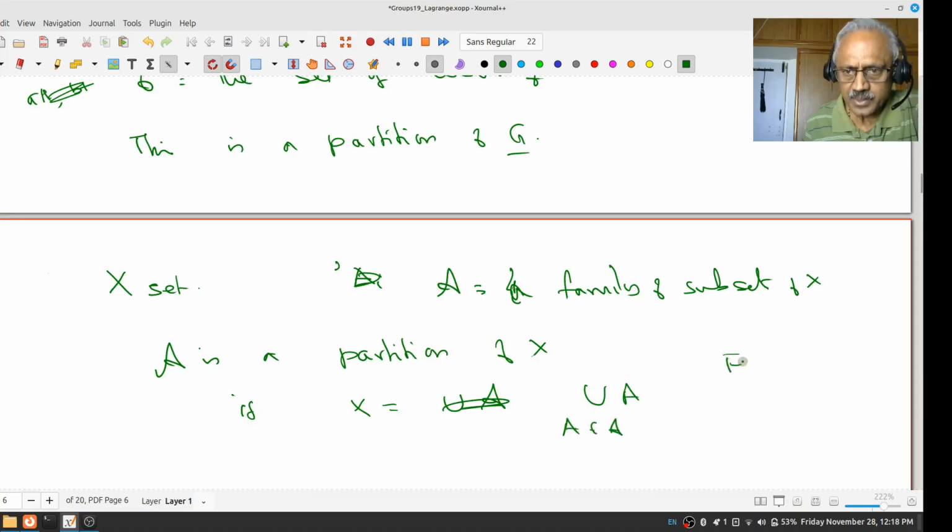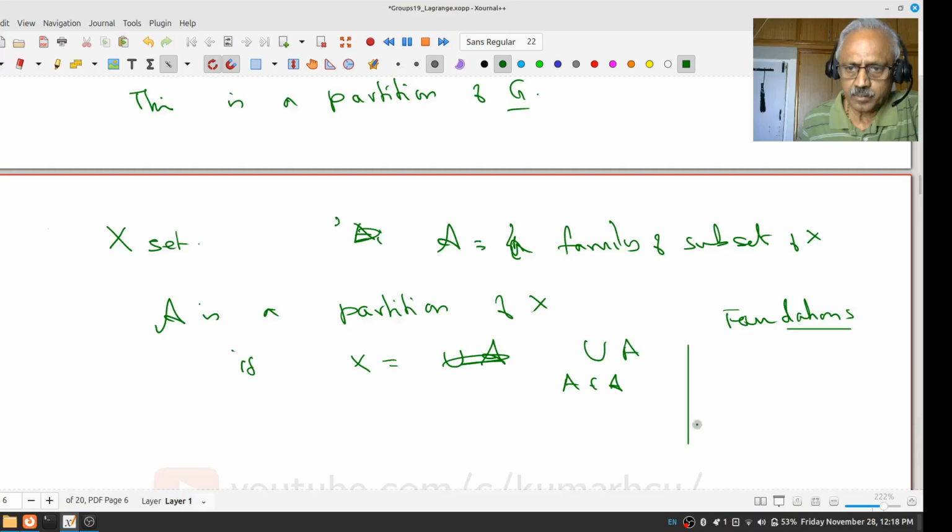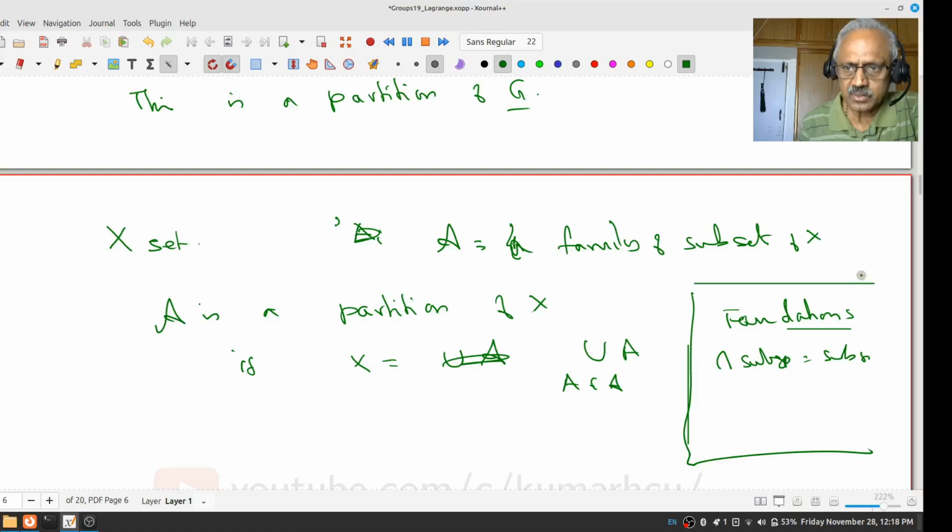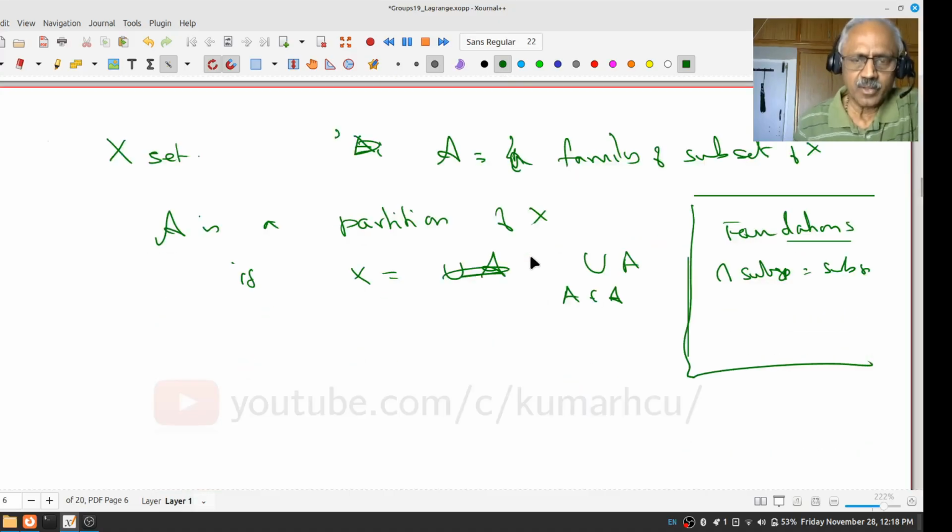Now again foundations. I partly reviewed this when I proved that the intersection of subgroups is a subgroup. This is one of the reasons you should follow my lectures systematically.